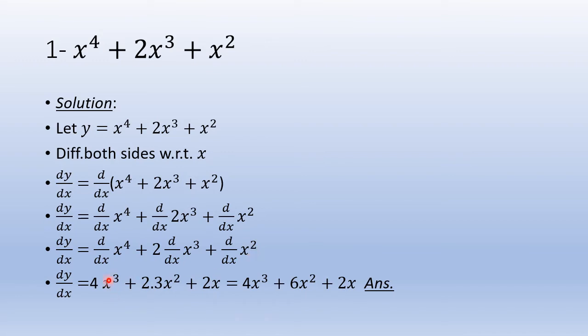So here: d by dx of x to power 4 is 4x cube, 2 into d by dx of x cube is 3x square, plus d by dx of x square is 2x. And finally you get the answer. Derivative of the given function is equal to 4x cube plus 6x square plus 2x.